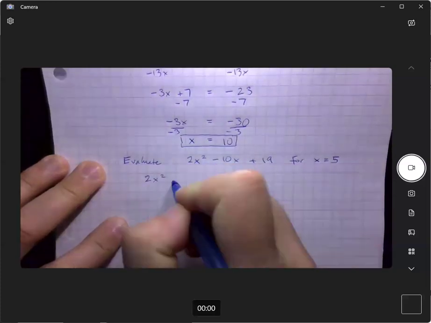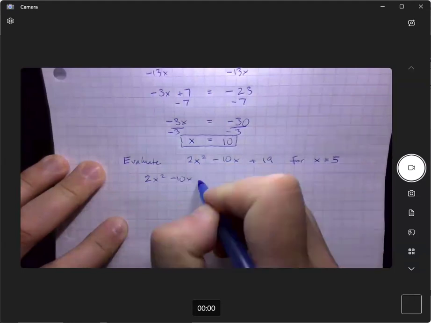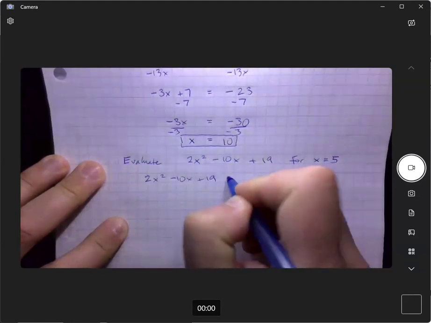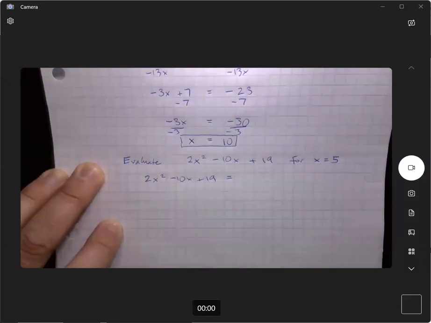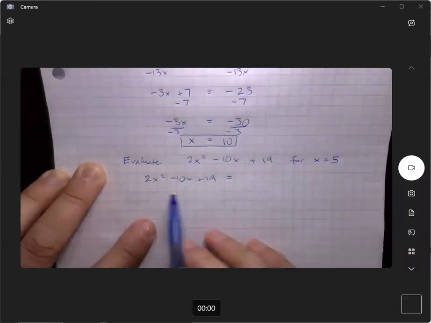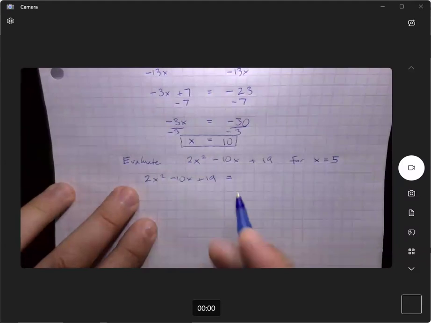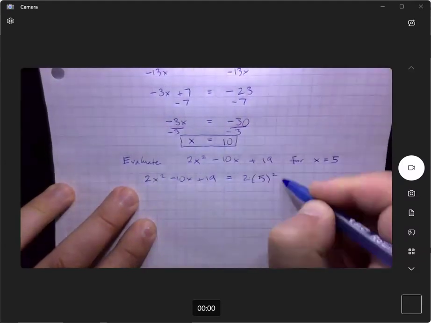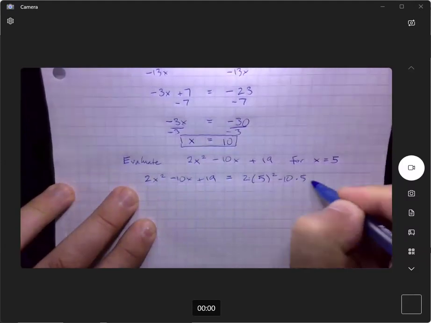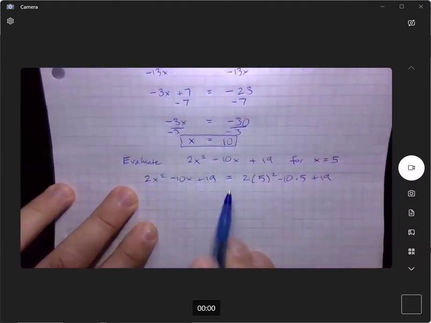So we have 2x squared minus 10x plus 19. We plug in 5, and so we have 2 times 5 squared minus 10 times 5 plus 19.